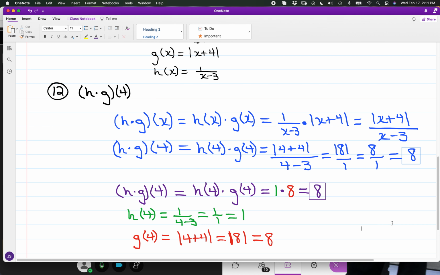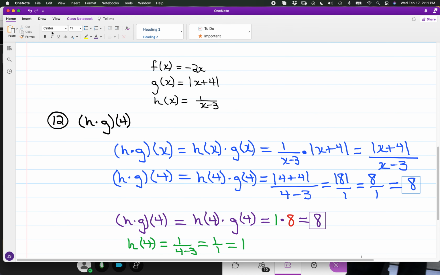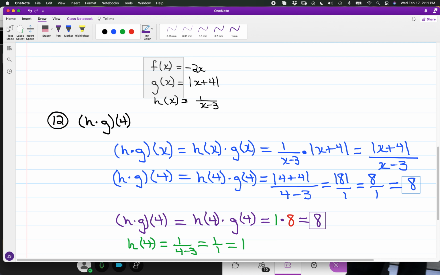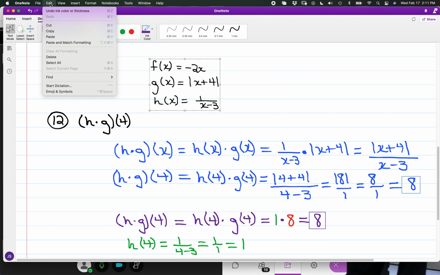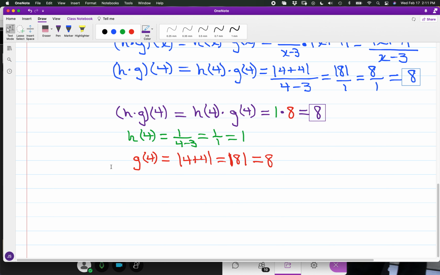All right. Now, still with the same functions we have assigned for f of x, g of x, and h of x, and if we continue and apply what we have in the case of number 14, we're now looking at working with the operations between functions. In this case, we have f plus h of 5.